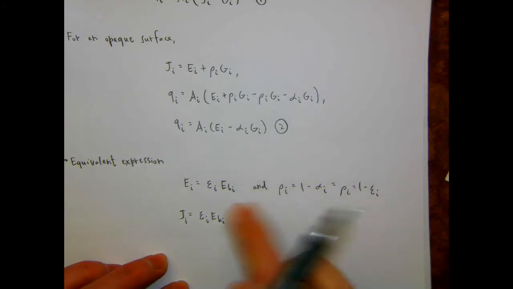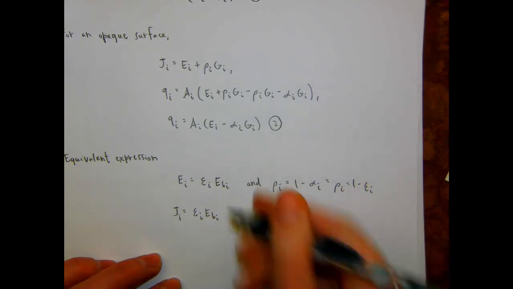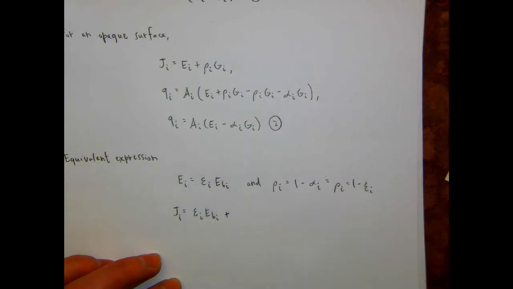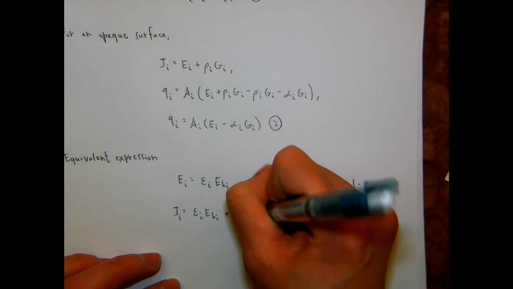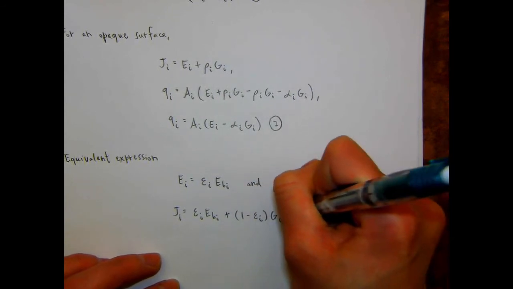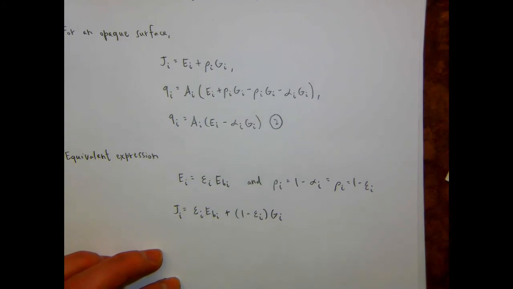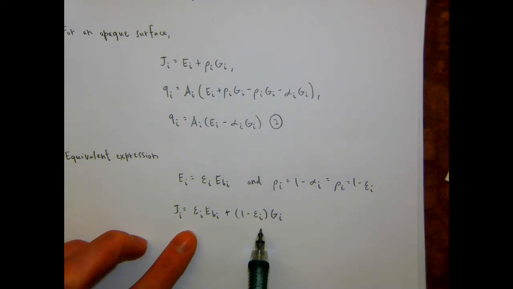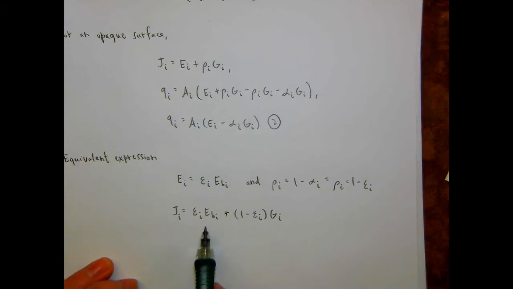Okay, so now given both of these, we'll rewrite our expression for radiosity. So now we're working only in terms of the emissivity of the surface, and then the emissive power of the black body, which is pretty easy to calculate, and then the irradiation.